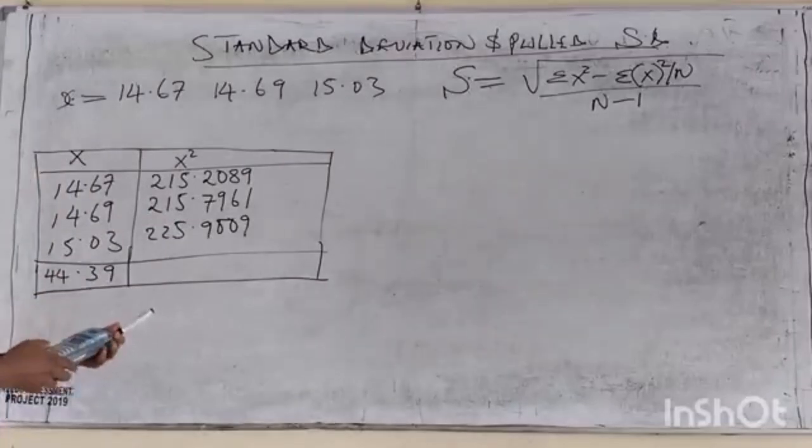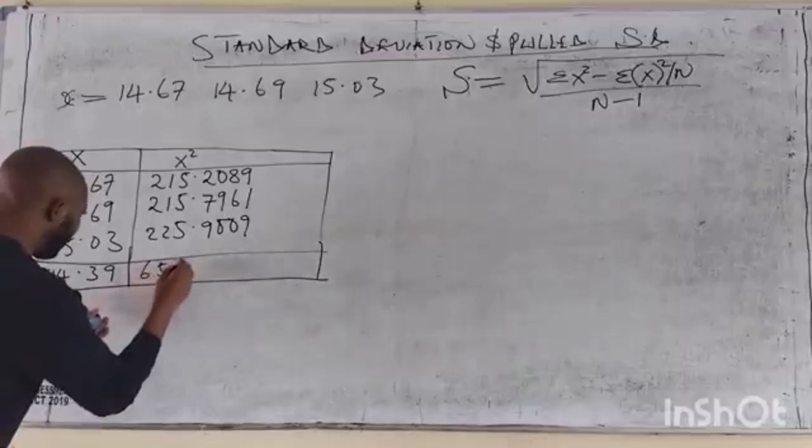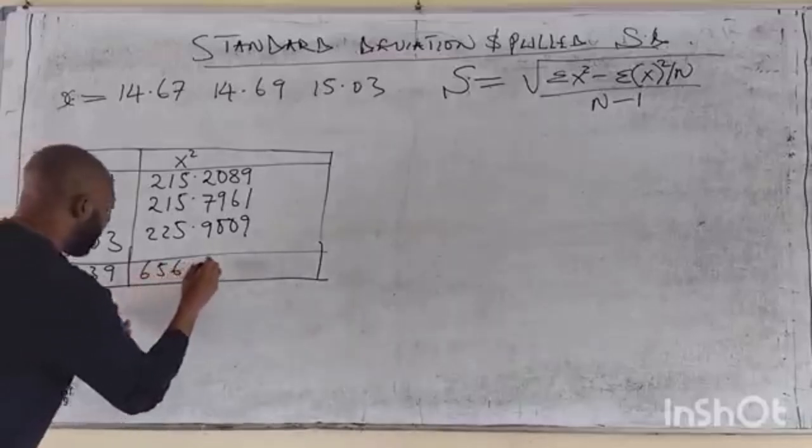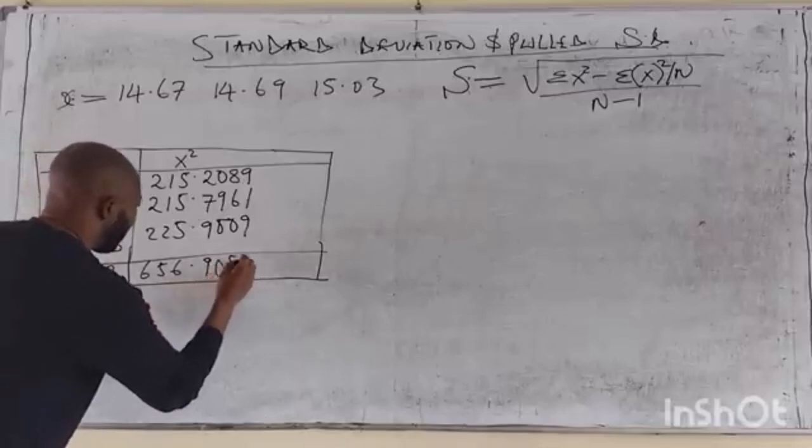Then the second one, the sum of the squares, is 656.9059.